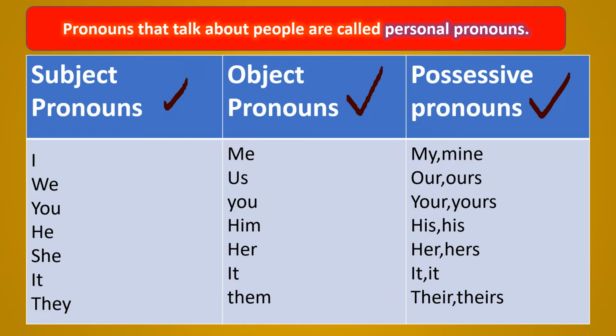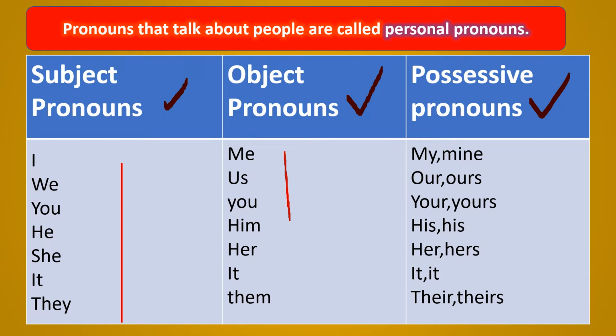What are subject pronouns? We know what a subject is. In a sentence, the person or the thing we talk about is called the subject. The subject pronouns are used in the place of subjects only. These are subject pronouns: I, we, you, he, she, it, they.